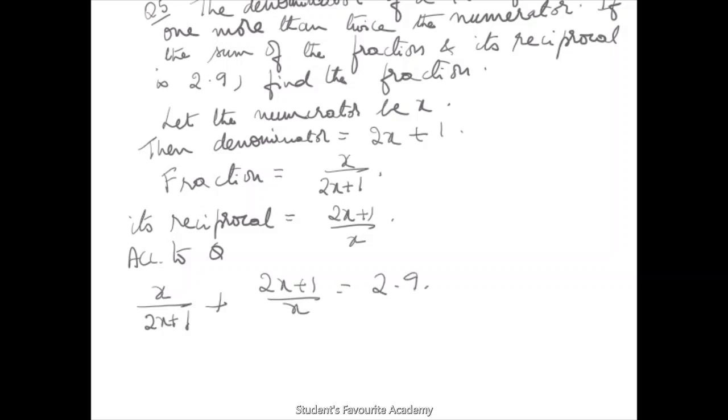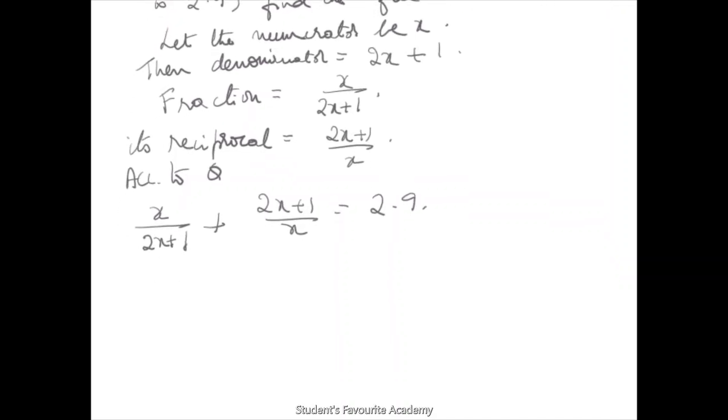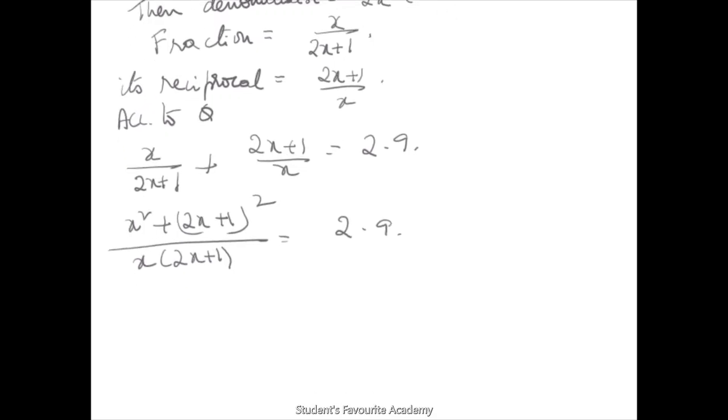So now let us solve it. If you cross multiply, it will be x square plus 2x plus 1 whole square upon x into 2x plus 1 is equal to 2.9.